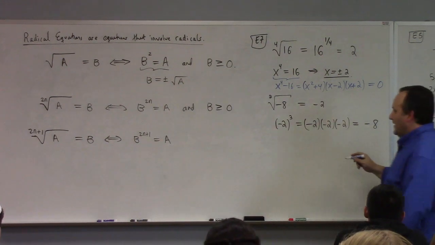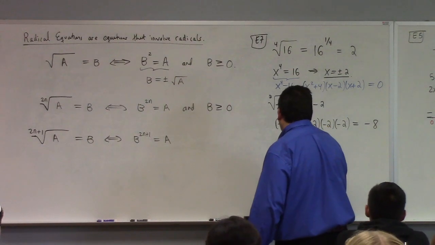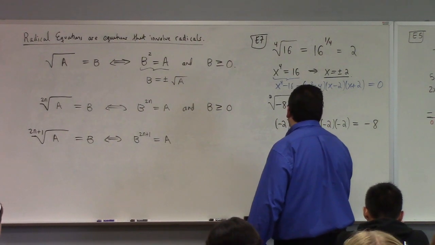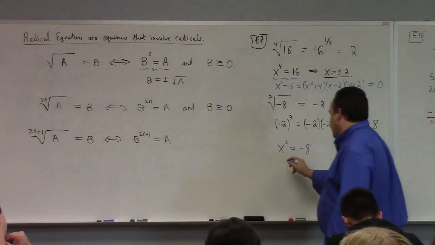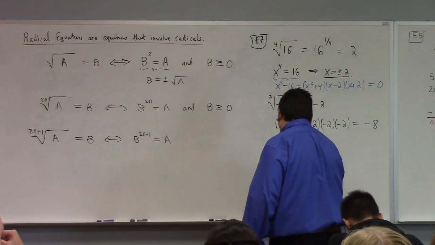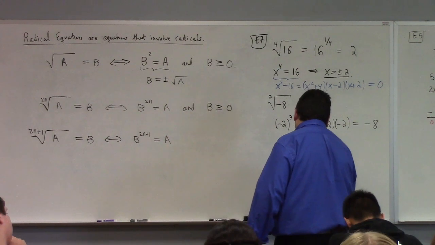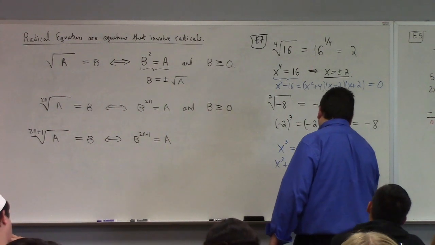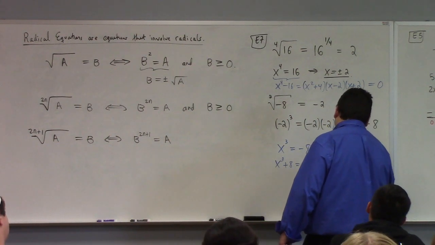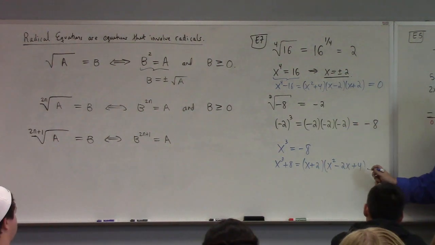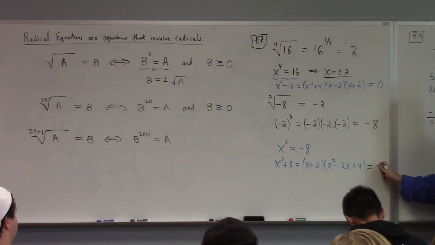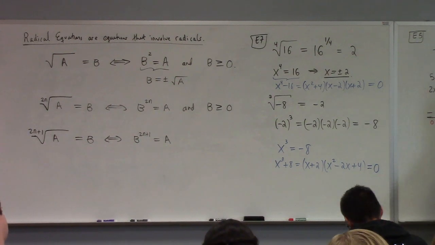How does the problem x cubed equals minus 8 work out? Well, this is x cubed plus 8 equals 0, which is x plus 2 times x squared minus 2x plus 4. And we have discussed before that if you put this equal to 0, the quadratic here is irreducible.